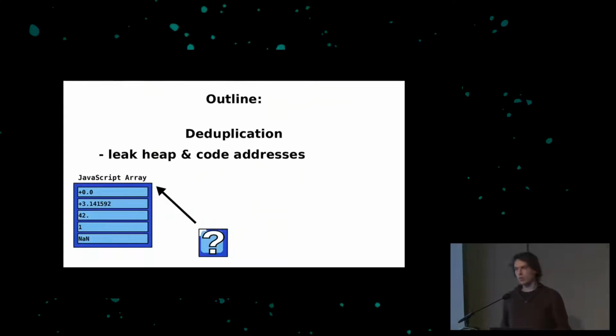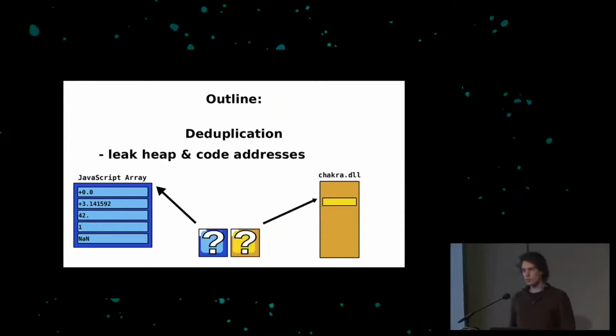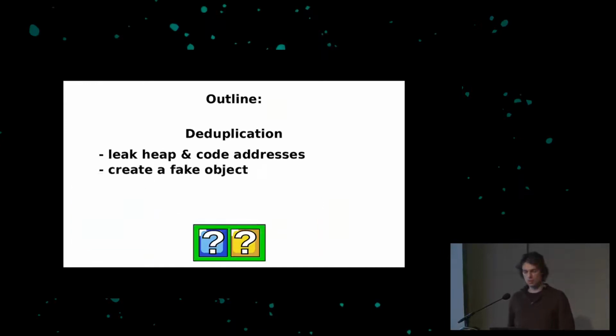We're going to leak two secrets, and we're going to use deduplication to do this. The first secret is a heap pointer. It's a location to data we control. The second secret is a code pointer. Those two secrets are needed together to create a fake object in our memory.